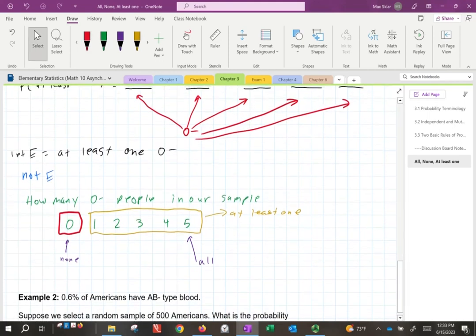And so the big observation that I want to make about this problem is that the complement of having at least 1 O negative blood donor is actually none of our sample has O negative.